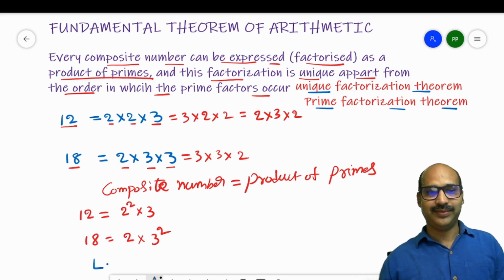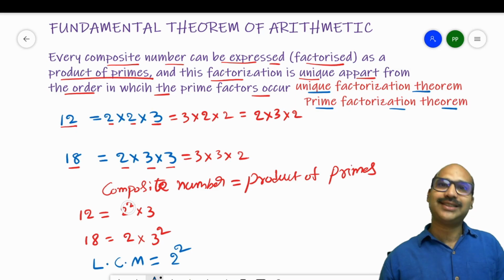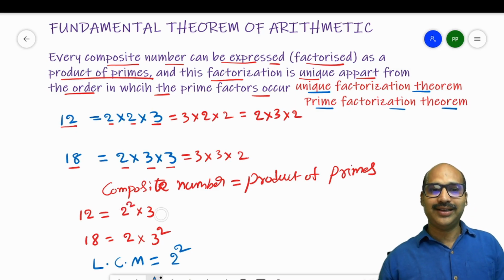LCM is equal to least common multiple. So here 2 is there once, here twice. We have to consider the maximum power, 2 square, because this single 2 is already covered in 2 square. And again here 3 is there, but here 3 square is there. So we have to consider the maximum power 3 square, since this 3 is already covered.